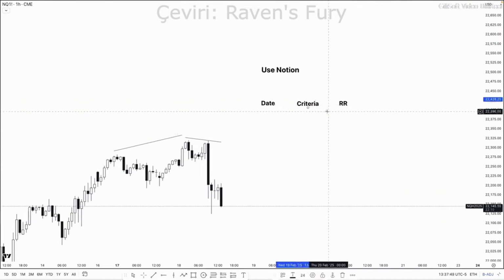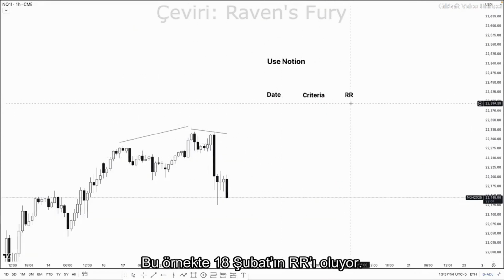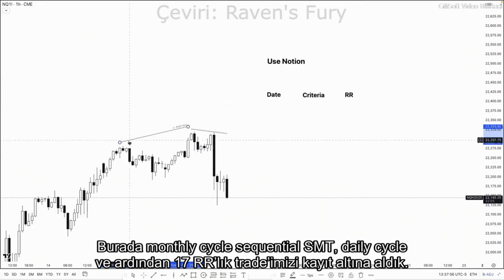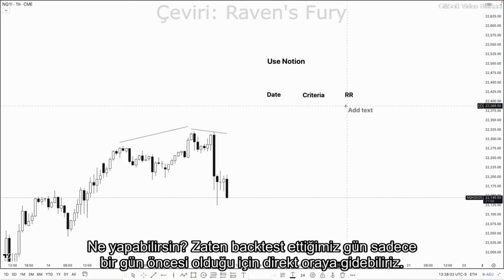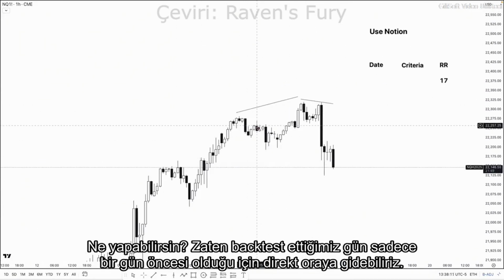Okay, and once you have this, so this would be the 18th February, we had a monthly cycle for SMT, daily cycle, and then our 17 RR tracked here. What you can do, well, since it's just the day prior that we'd be backtesting, we can just go straight to it.